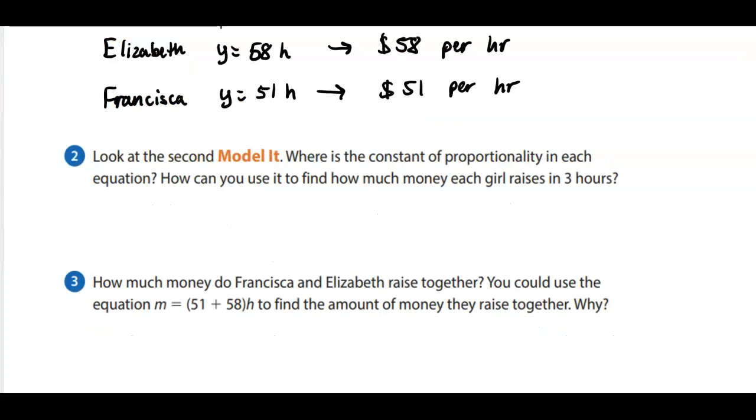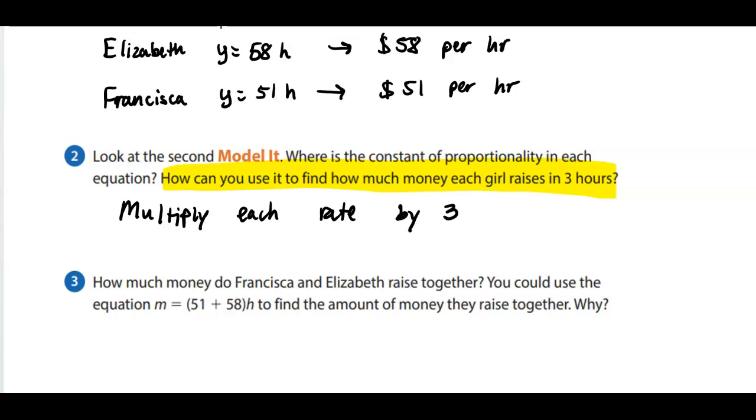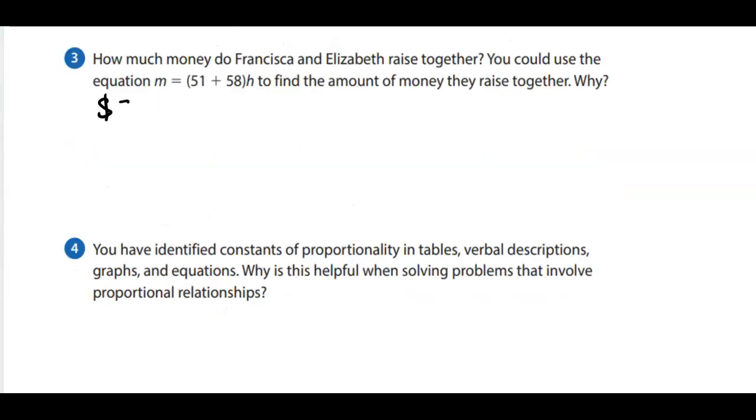Kind of answered question 2 already, but how could you use the constant of proportionality for each, to see how much they raise in 3 hours? You can multiply each rate by 3. So how much money did they raise together? It was $327.